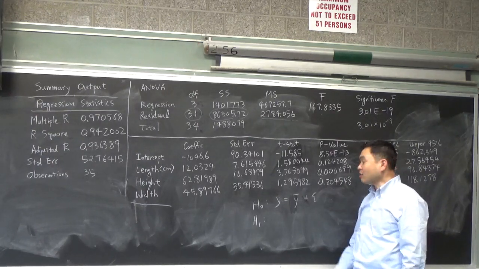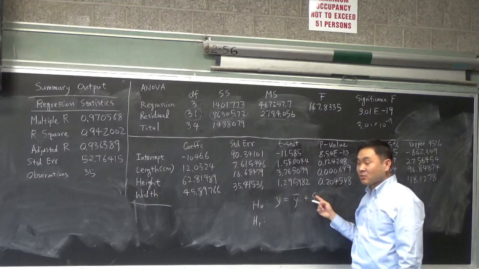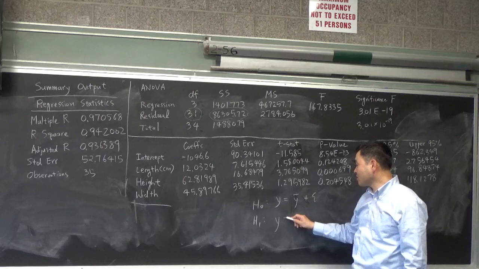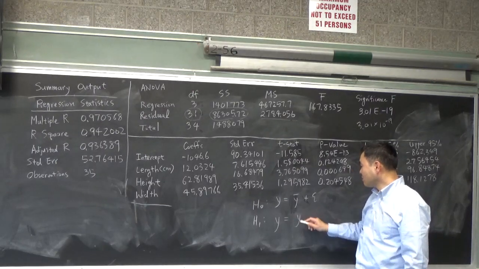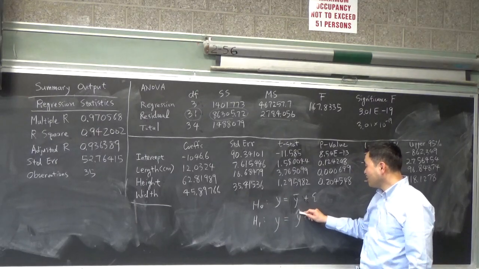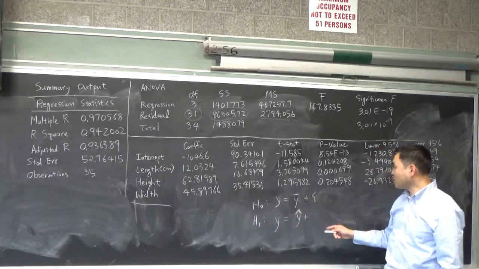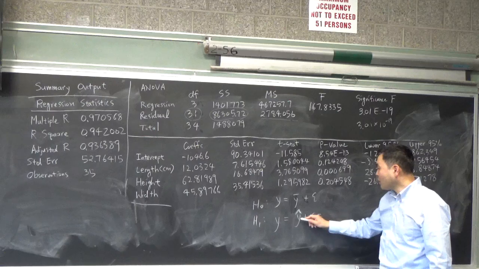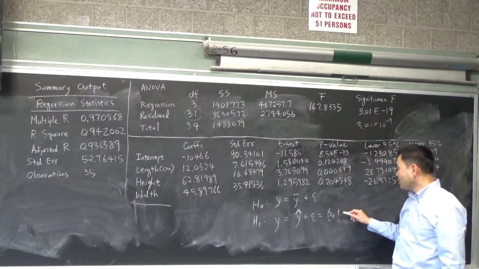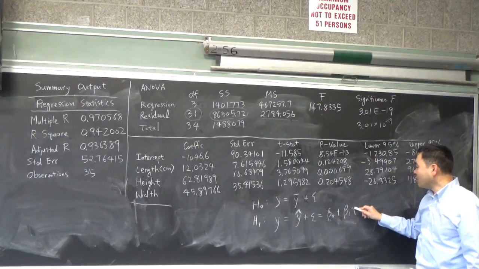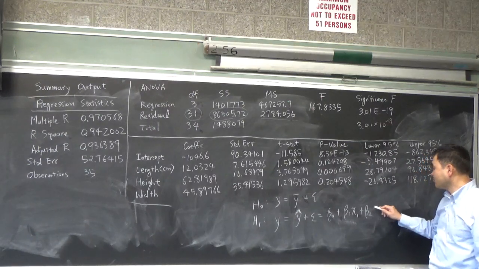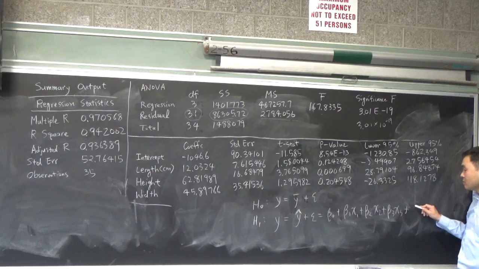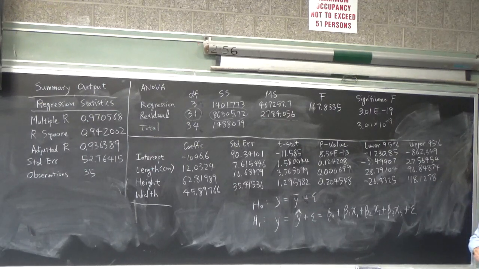That's your null hypothesis. And then your alternative hypothesis is, no, it's not y bar plus e. It's y hat plus e, where y hat is a linear function that depends on the three variables. That's what it means.